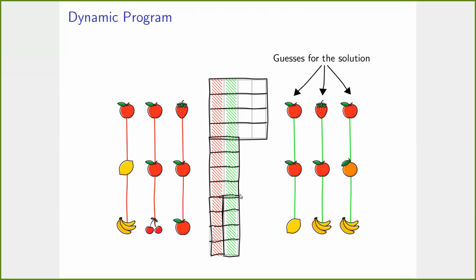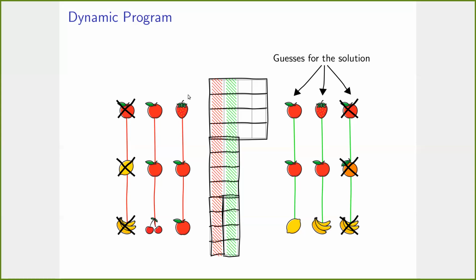On the other hand, the lowest rectangles might differ because they are independent rectangles. So this already tells us, for example, that apple, lime, banana cannot be the correct guess because there's no guess on the right hand side which also starts with apple, lime. And the same for apple, orange, banana.